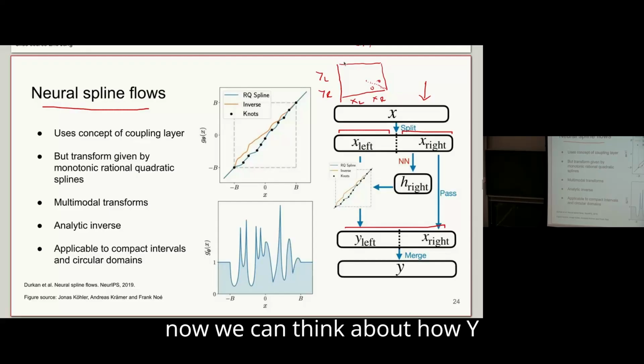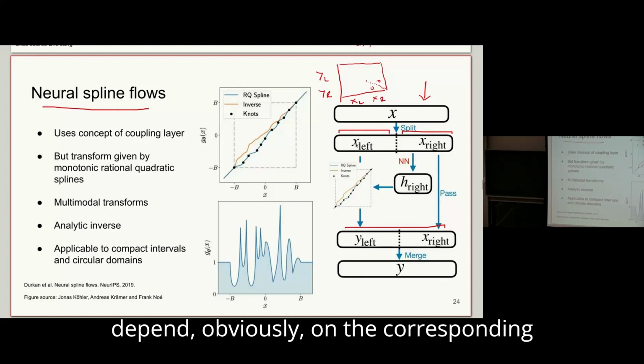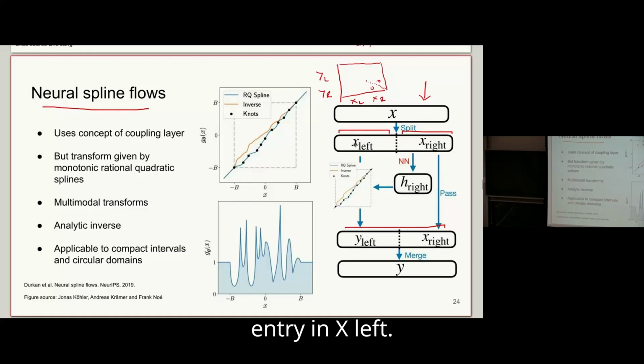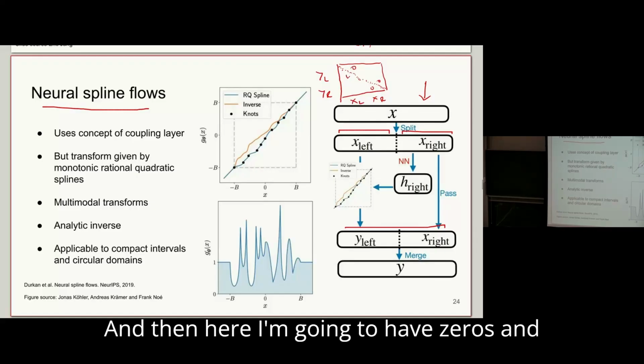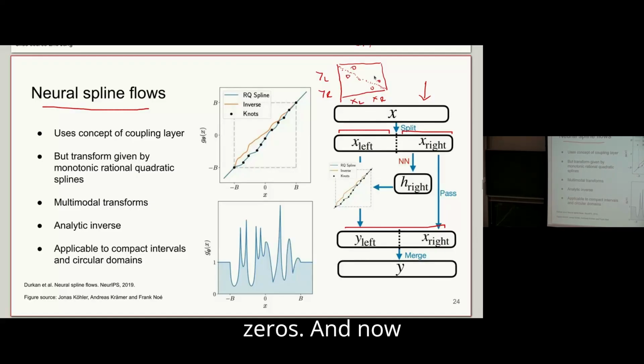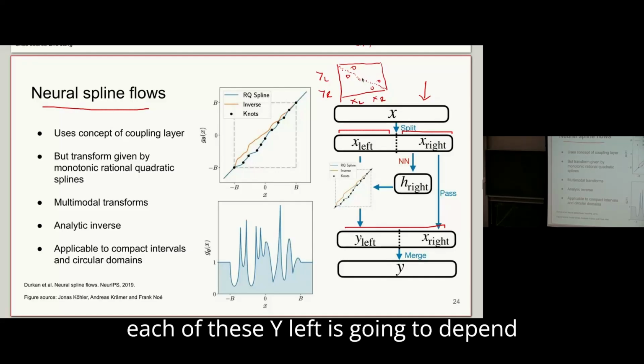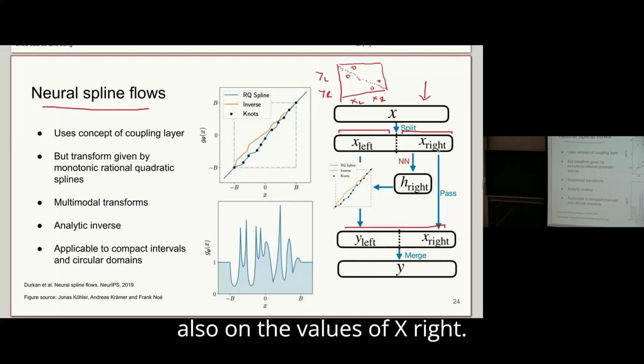And now we can think about how y left changes as a function of the inputs, and y left is going to depend obviously on the corresponding entry in x left. So here we're going to have some non-zero entries, and then here I'm going to have zeros and zeros. And now each of these y left is going to depend also on the values of x right.